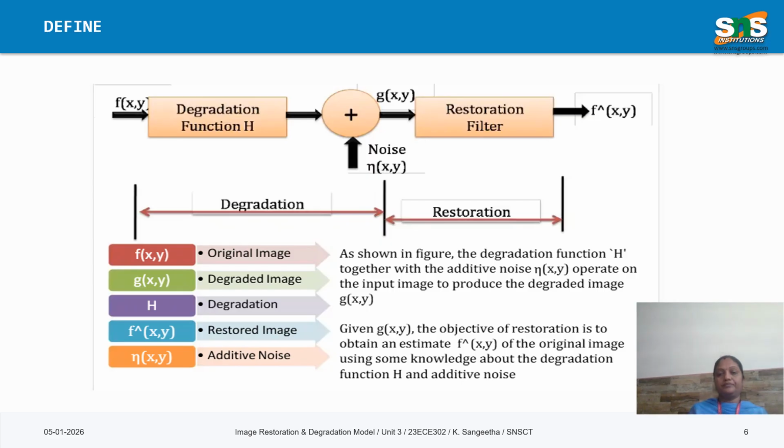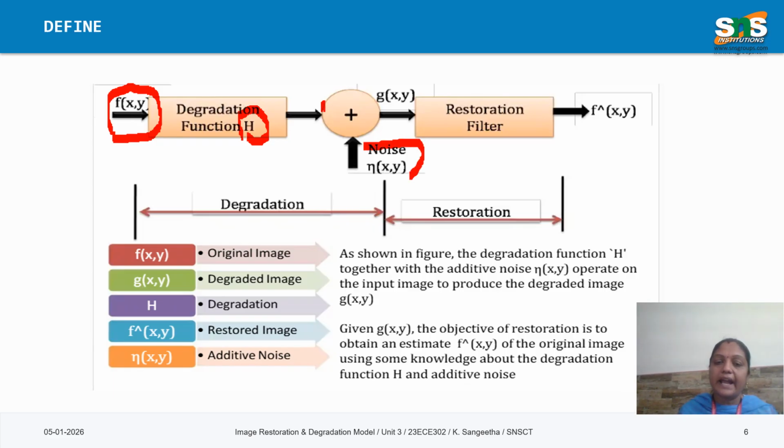This is the defined model of image restoration. Here f of x comma y is the original image. It is degraded by some camera misfocus or environmental condition, which is defined as h, the degradation function. Noise eta of x comma y is added, and the resultant equation is g of x comma y.